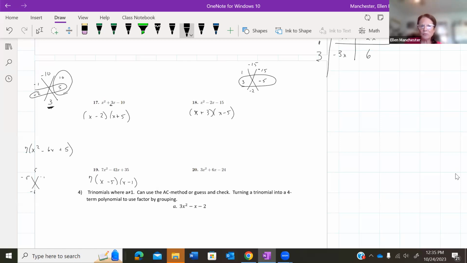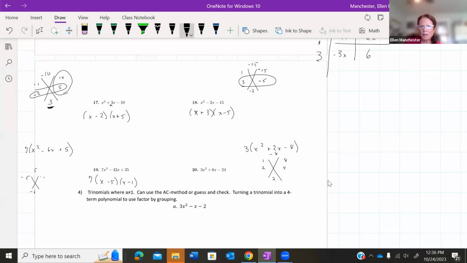And then same thing with number 20. You can factor out a 3. And then what do you multiply to get negative 8? Add to get 2. So now with a negative multiplication, one of them has to be negative.